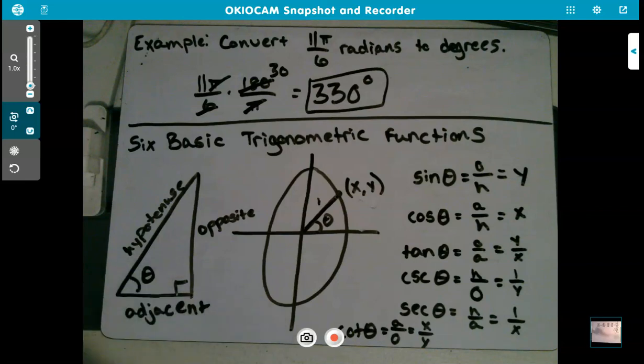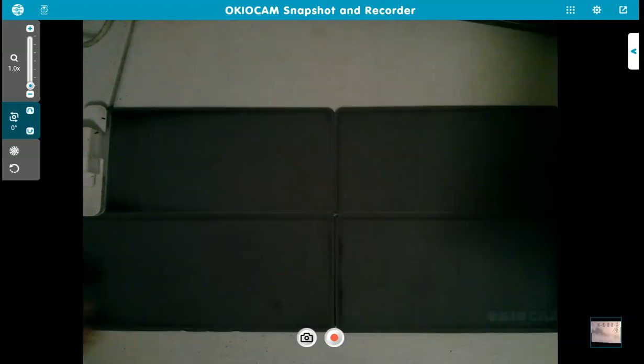So first things first, we are going to practice finding the trig values of some angles using the unit circle, okay? So we're going to practice that first. So if you have one, have it out or handy or pulled up or however you have it.